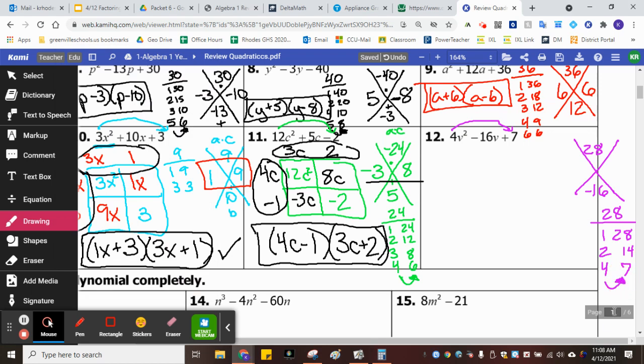So there's your list. So it's 2 and 14. That adds to 16. It has to add to a negative 16, so they both have to be negative.